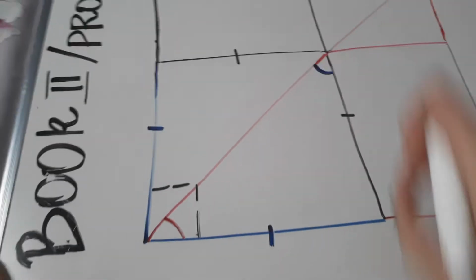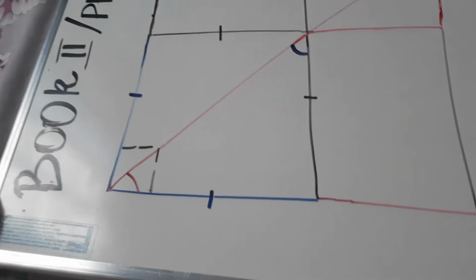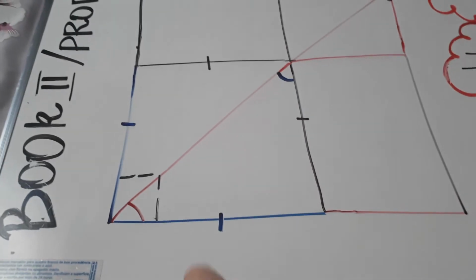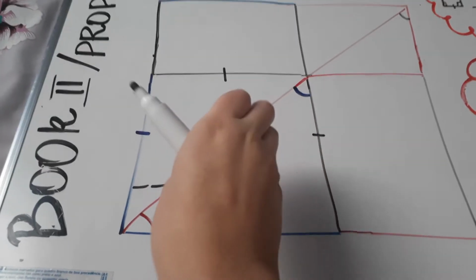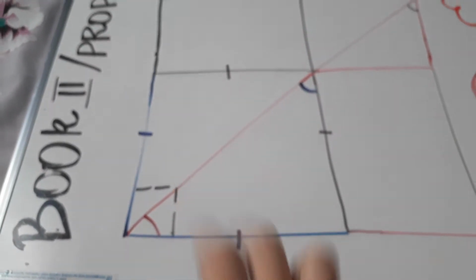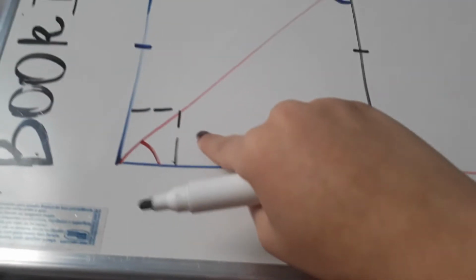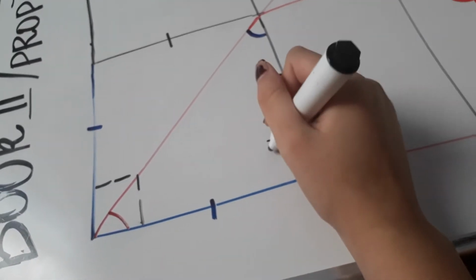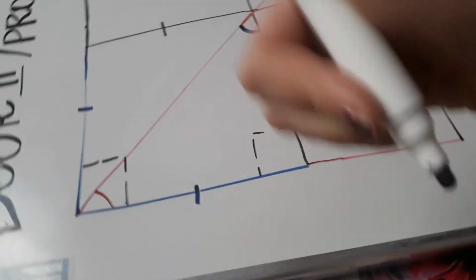When we have two parallelograms, and here we have a straight line falling upon the two parallelograms, making the interior angles equal to two right angles. As this one is a right angle, this one must be a right angle. So this one is a right angle. Okay, this is a right angle, this is a right angle.